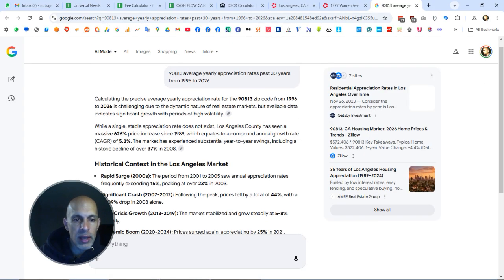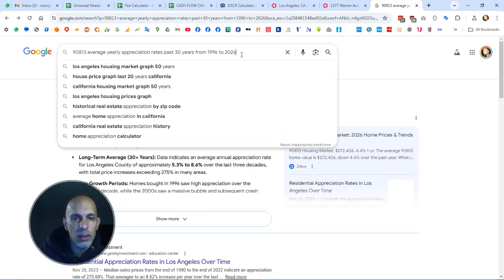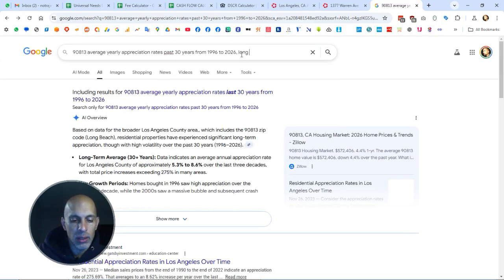Los Angeles County is 5.3. So we're looking for this specific area. What we can do is say Long Beach in general.